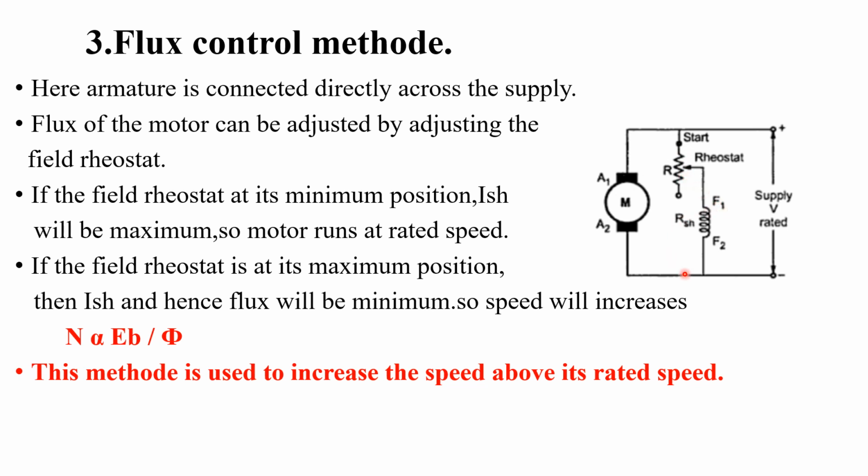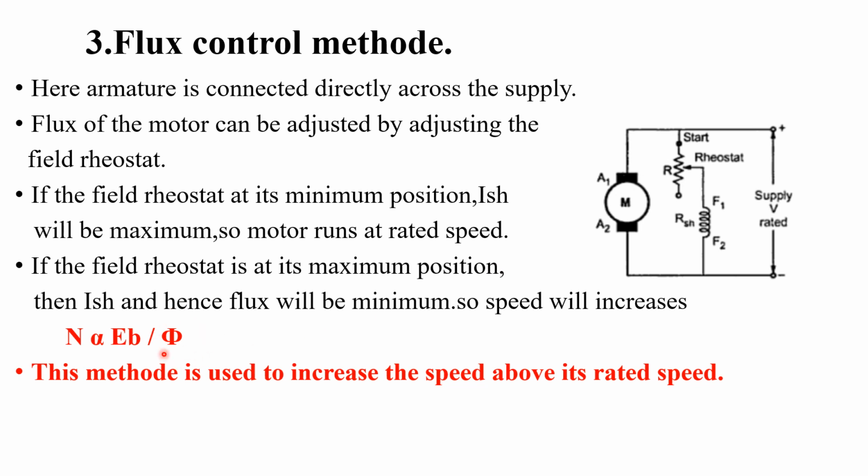The current flowing through this field will decrease. If the current through the field increases, then the flux will also increase. If the current through the field winding decreases, then what will happen? The flux will also decrease.